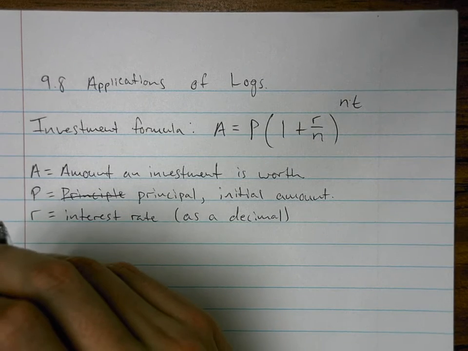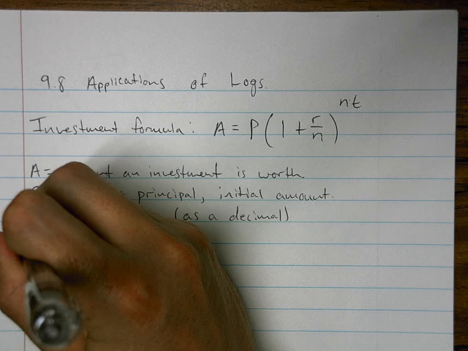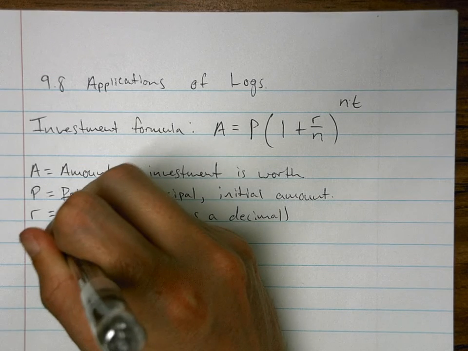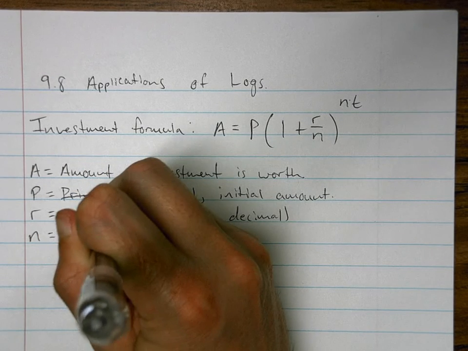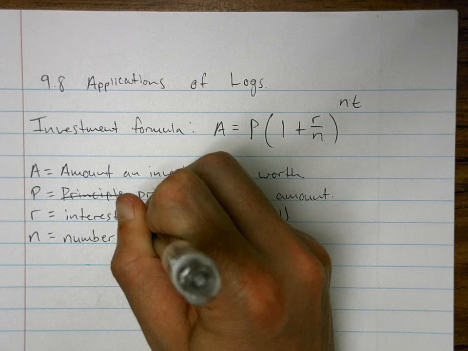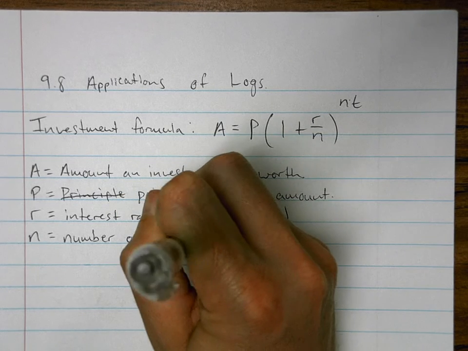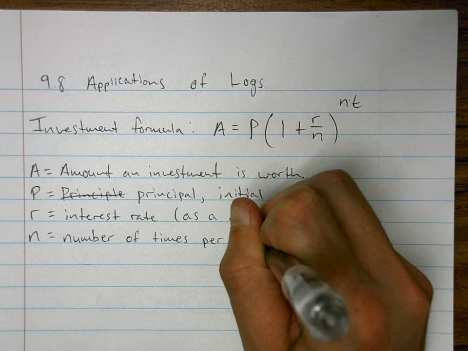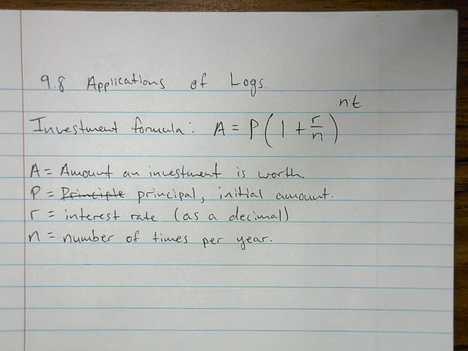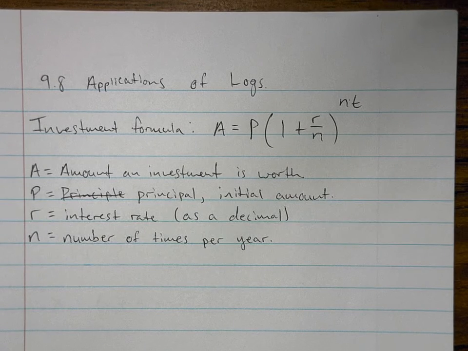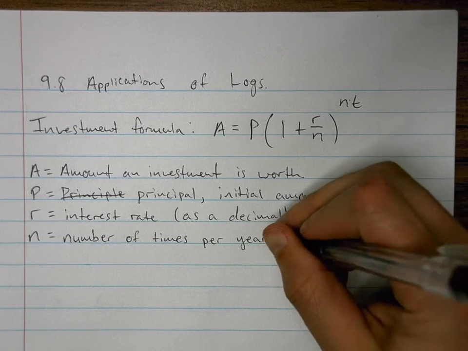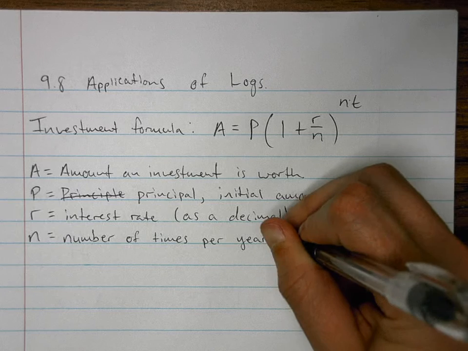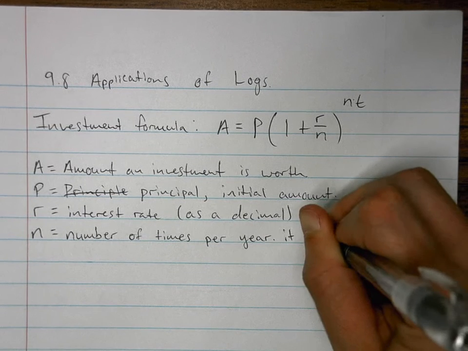We also have N, which is the number of times per year that it is compounded.